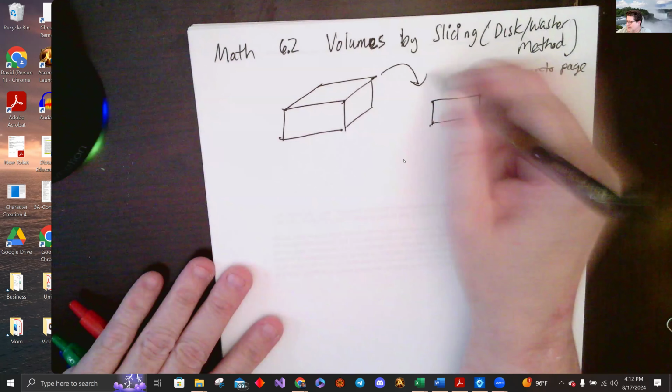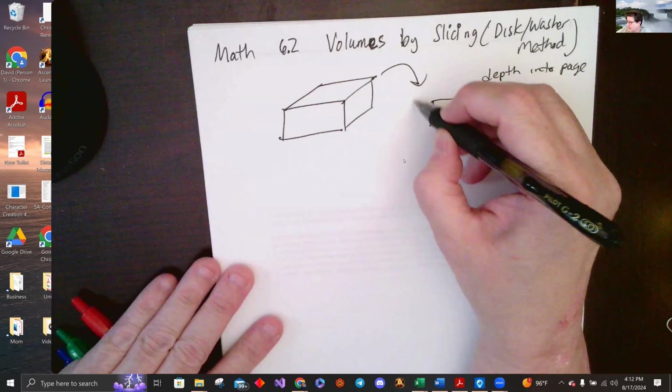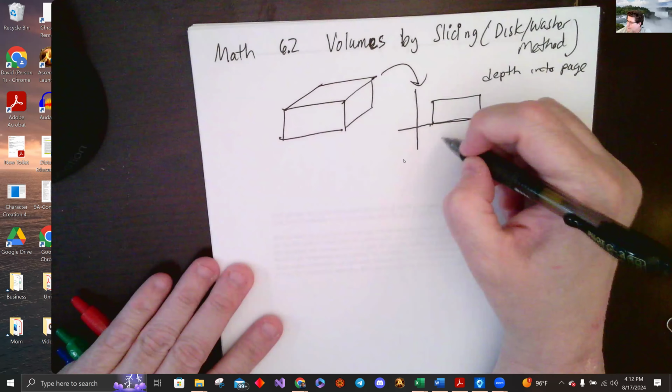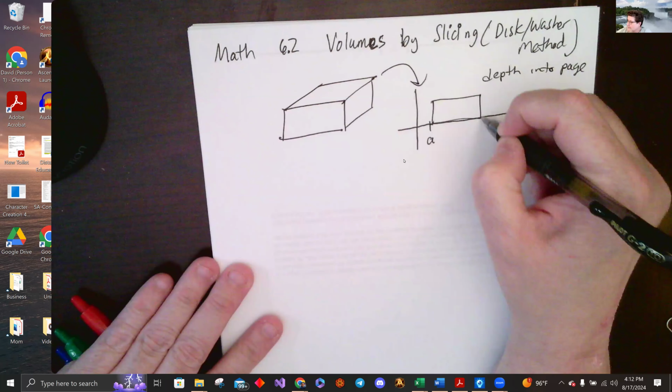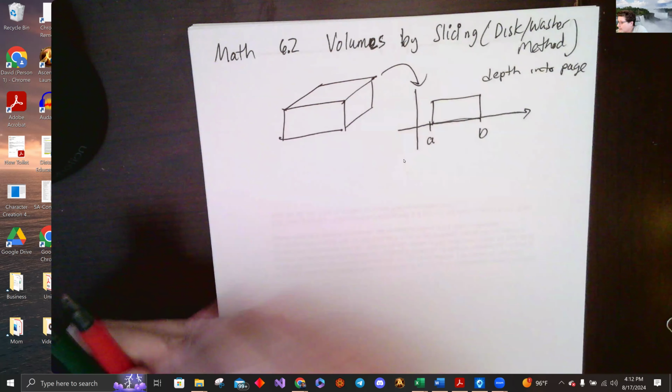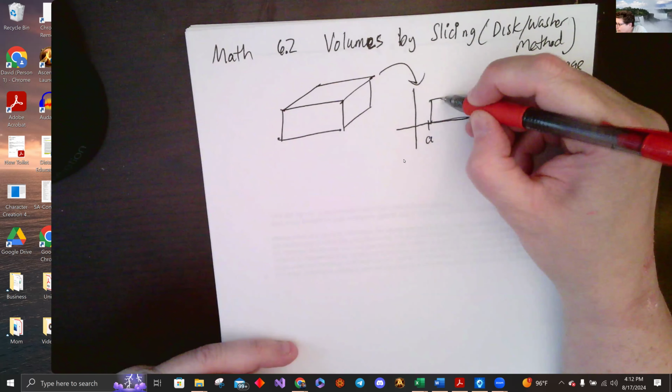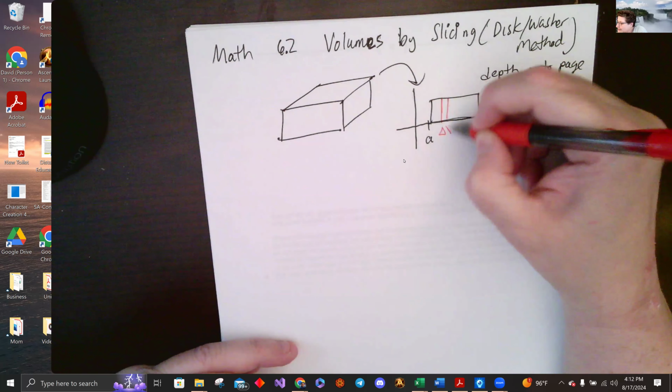So if I wanted to integrate this, I would go from A to B, and I'm going to have a delta x there.